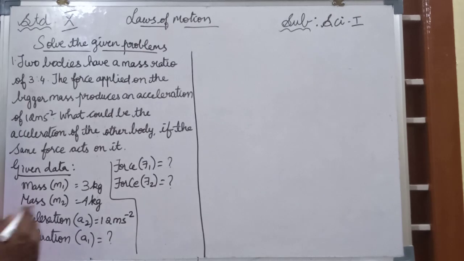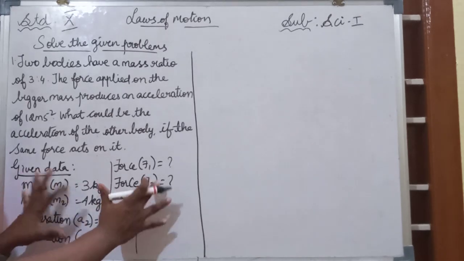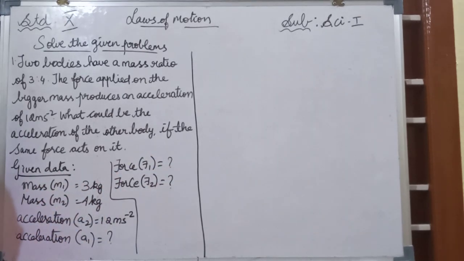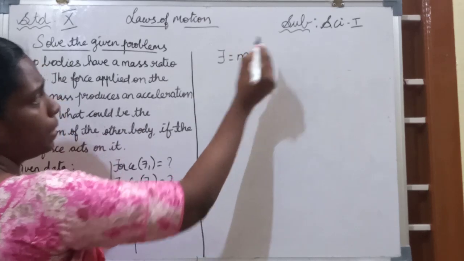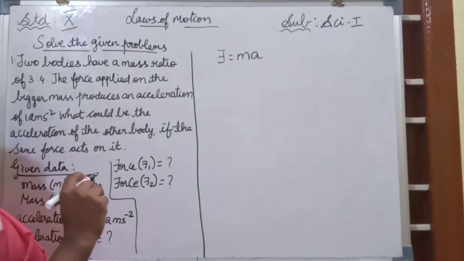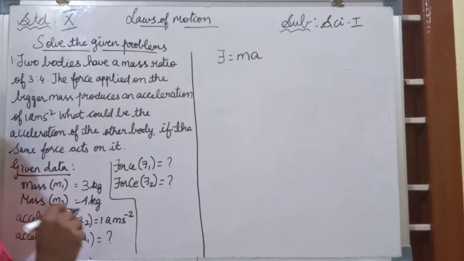Now, based upon this given data, what formula can we use to work out this problem? Yes, correct, which is Newton's second law. F is equal to ma, which is force is equal to mass into acceleration.